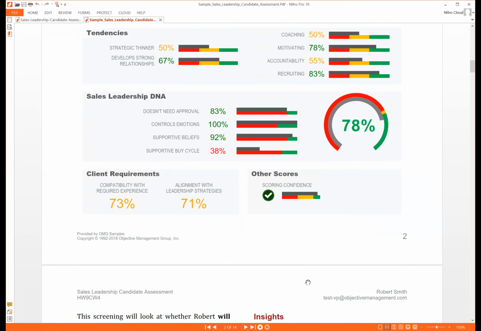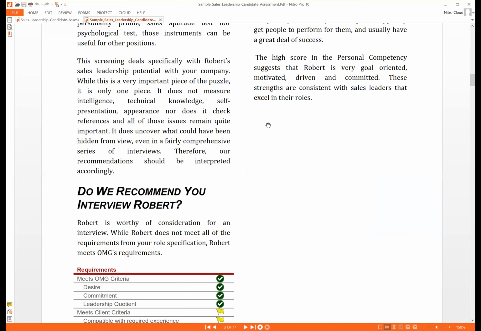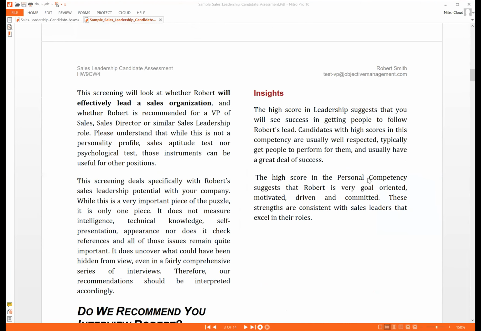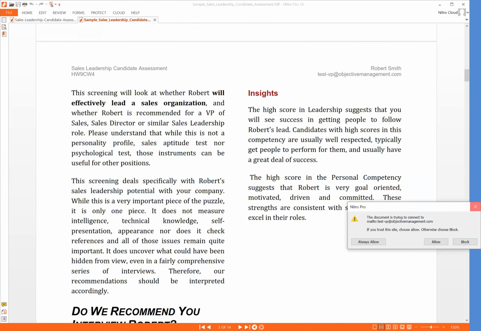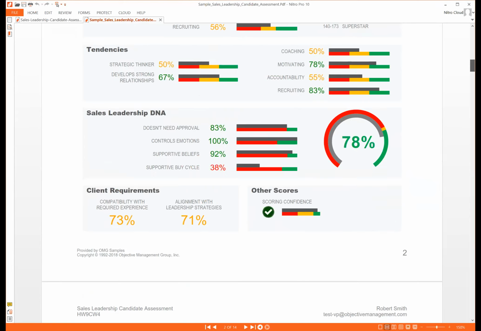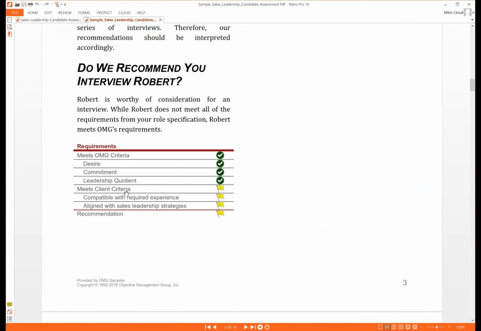As you may remember, the OMG criteria requires desire, which they have, commitment, and a leadership quotient in one of the upper two areas. Their leadership quotient is 130, which is a strong. They have to be strong or superstar to meet the OMG criteria.